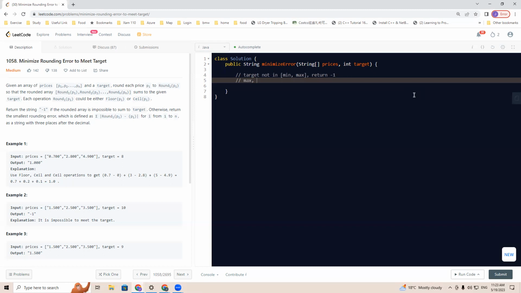The number to floor, k, will be max minus target. Let's take the example. If we all use ceil, this will be 1, this will be 3, this will be 5, so the max will be 9. So how many are we going to floor? That is 9 minus 8. So that's the second one.